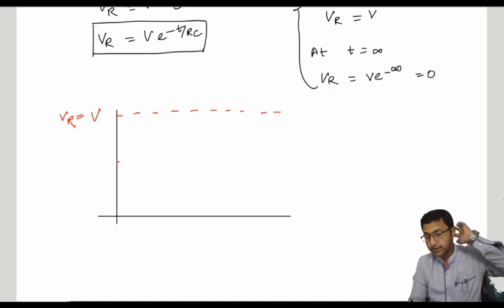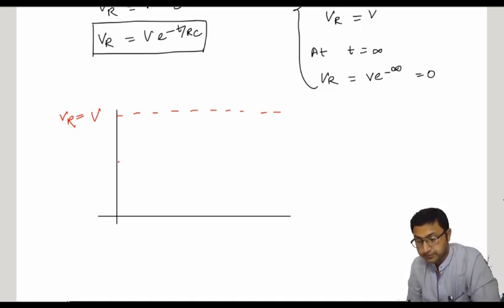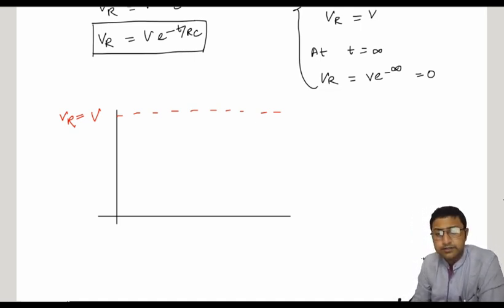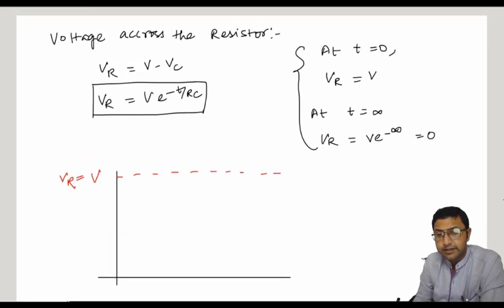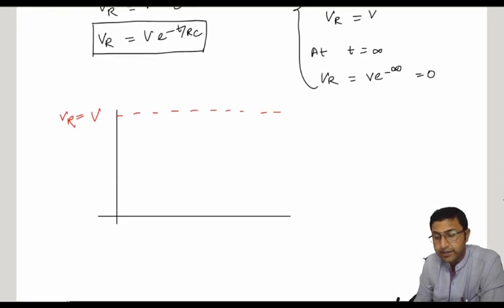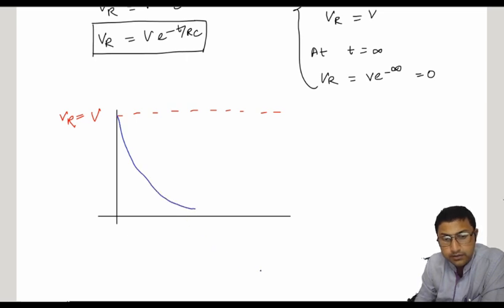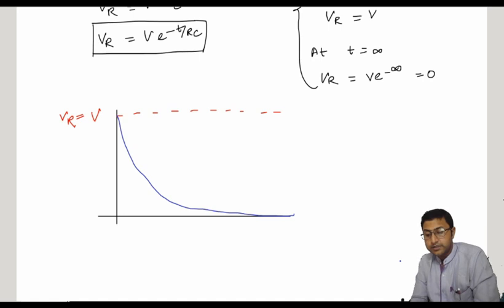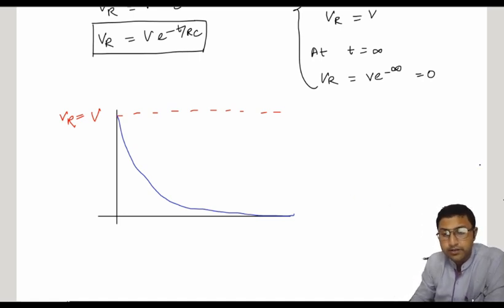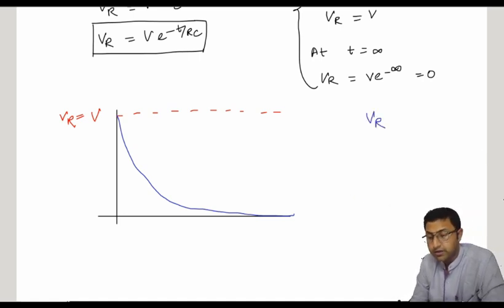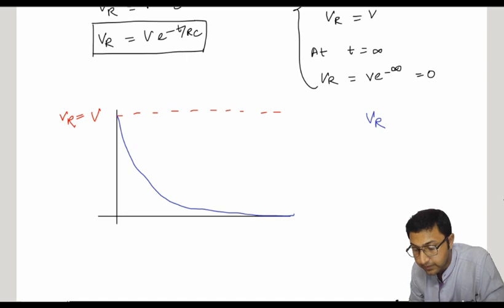The voltage across the resistance starts from V and finally reaches 0. So if I draw it in a blue line, it starts from V and finally reaches the 0 value. The blue one is the voltage across the resistance.